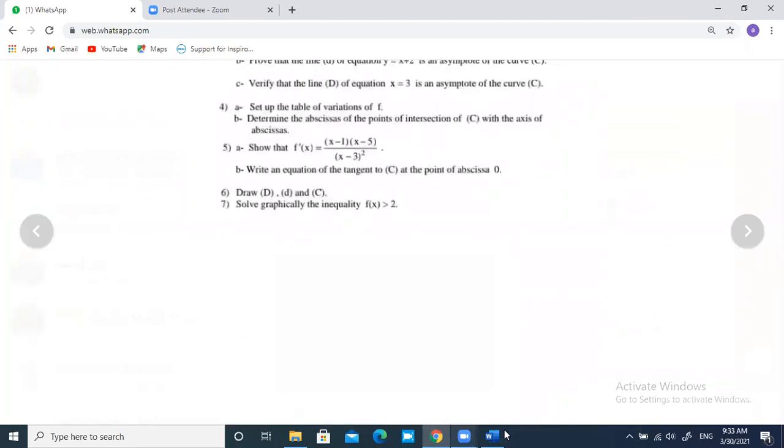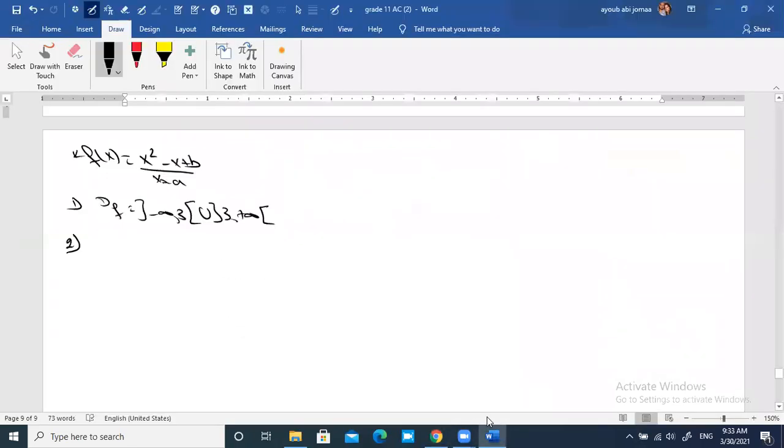Or if you want, you can say the following. From this, x plus a is not equal to 0. It means that x is not equal to negative a. This is the domain, x not equal to negative a.